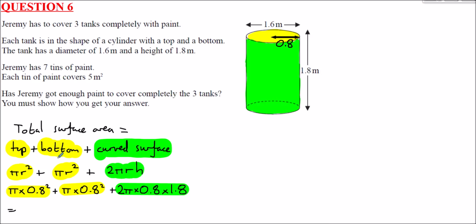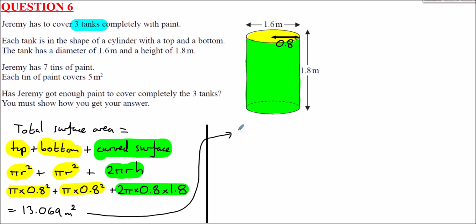So 13.069, I'd say, to give it to at the very least. So 13.069 meters squared. That's the total surface area for one tank. How many tanks are there though? Well, we're told here that there's a total of 3 tanks. So we're going to need to take this value for one tank and multiply by 3.